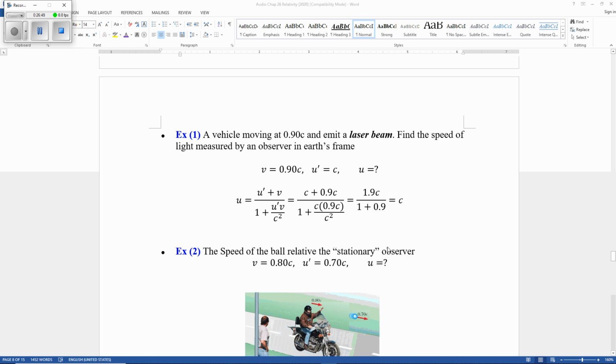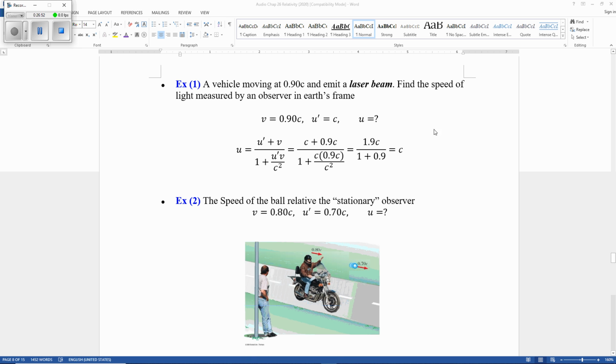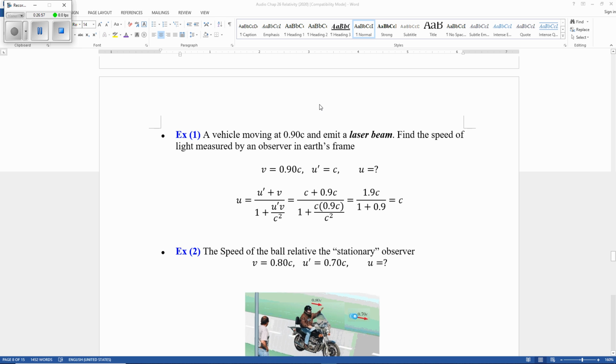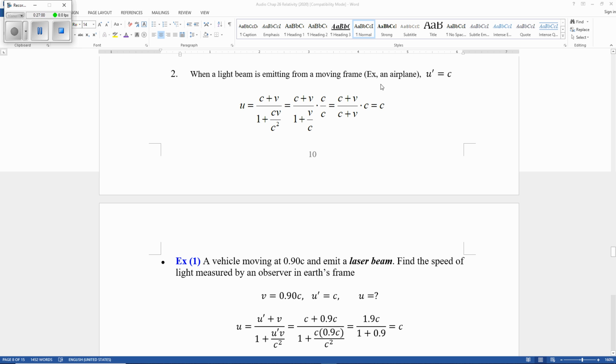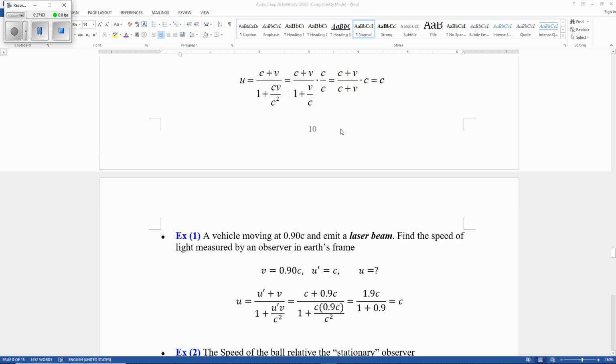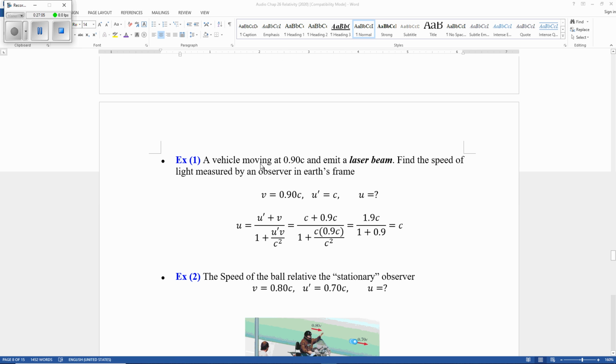Okay, so now we have two examples. For the first example, we're going to just use some numbers for what we discussed, when you turn on the light from the spaceship. So we have a vehicle moving at 90% of the speed of light that emits a laser beam. Of course, that speed equals the speed of light. Now we want to find the speed of the light measured by someone on Earth's surface, in Earth's frame.